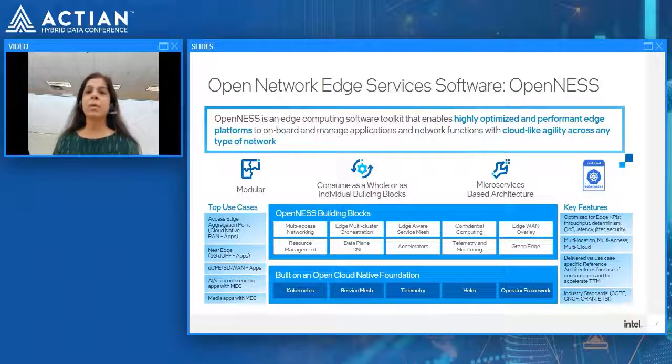Let's take an example of how the building blocks can be leveraged. Take the accelerator building block that you see here in the center of the screen. An AI application would typically use that building block by taking its AI model and porting it to Intel architecture, either a CPU or a vision accelerator, by optimizing its model using the OpenVINO toolkit for the underlying Intel architecture, and then running it on any of the vision accelerators or CPUs.